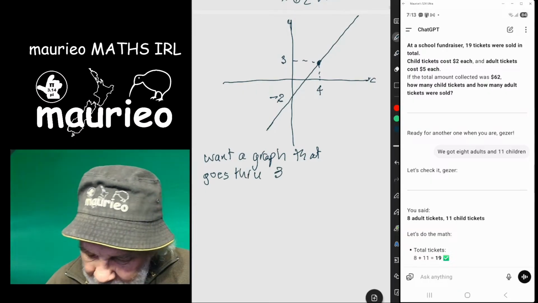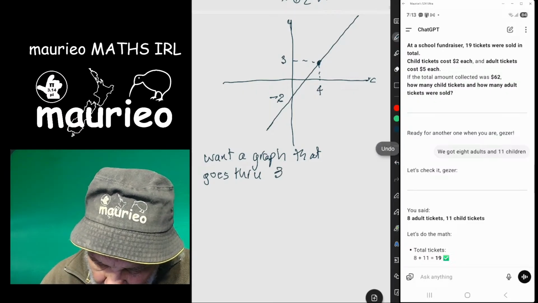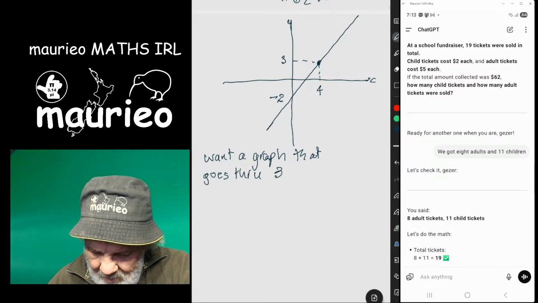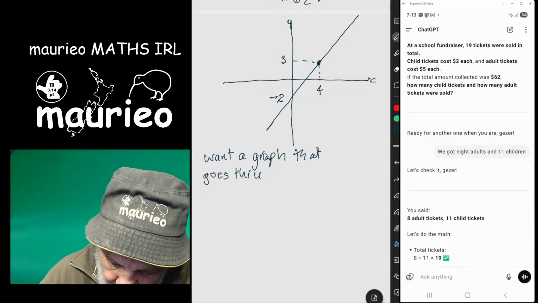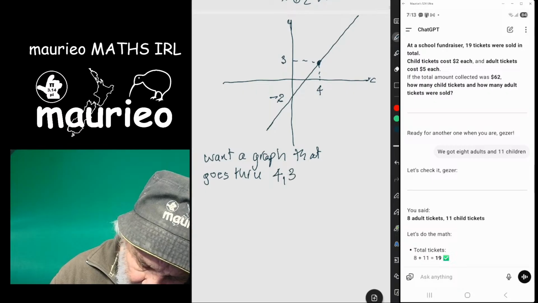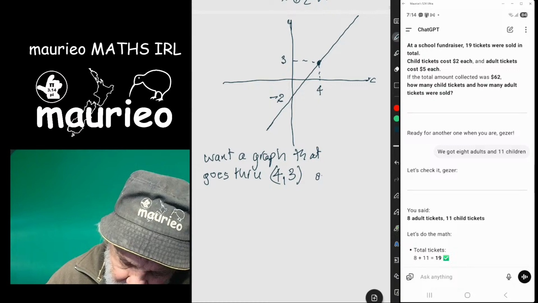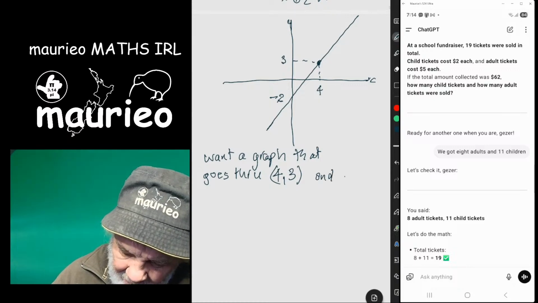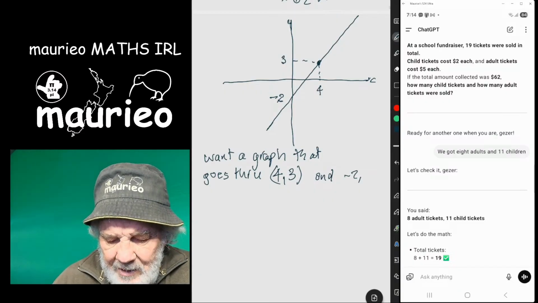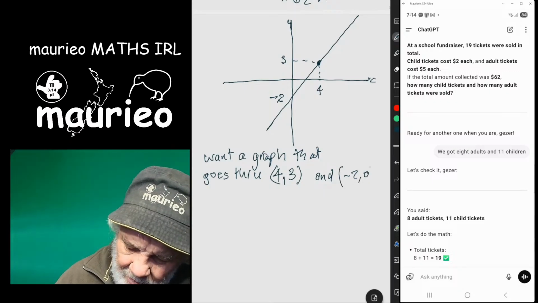Oh, it's not the point 3, 4, it's the point 4, 3. And -2, 0. That's the y-intercept.